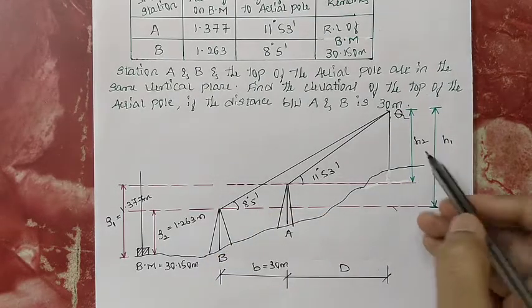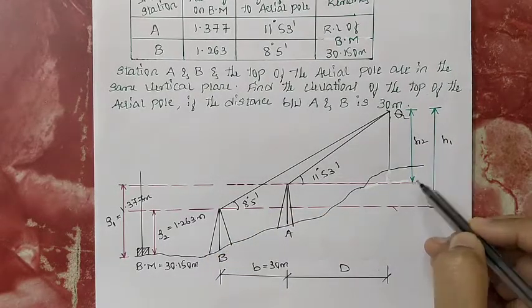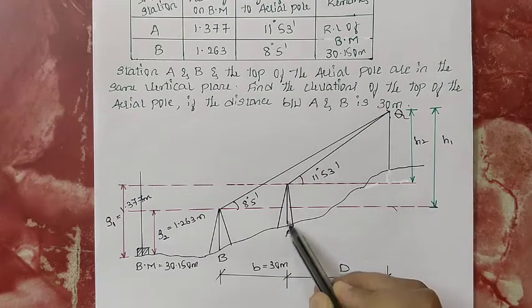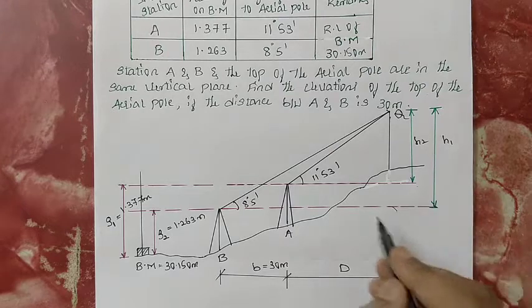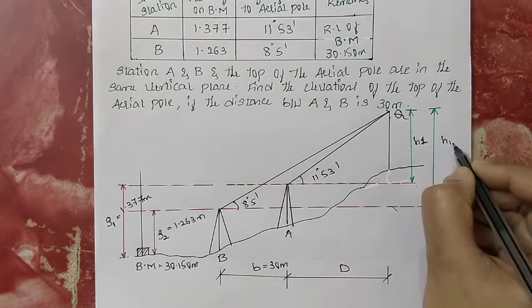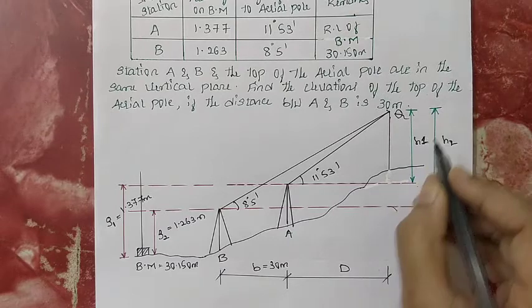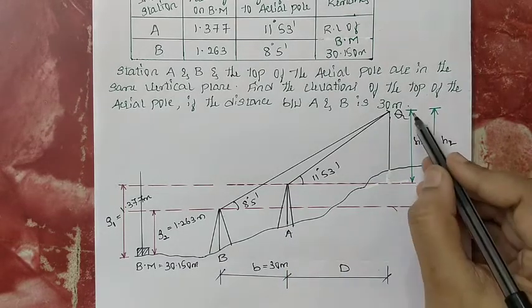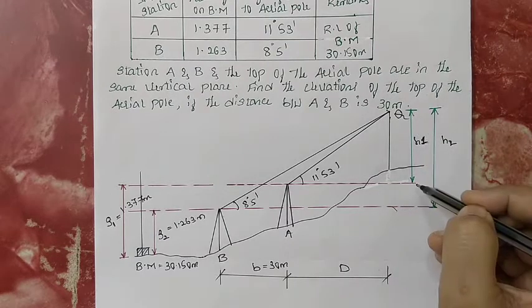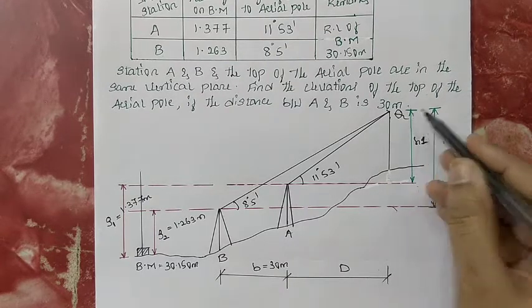Then the height of the elevated pole from the instrument axis when the instrument is at A is H1 and this is H2. When the instrument station is at A, the height of the aerial pole from the instrument axis is H1.